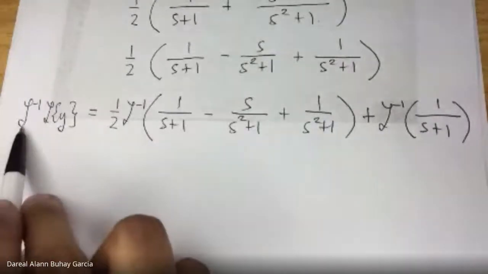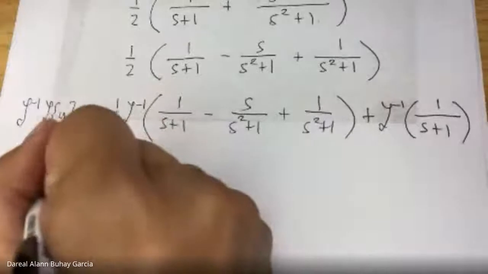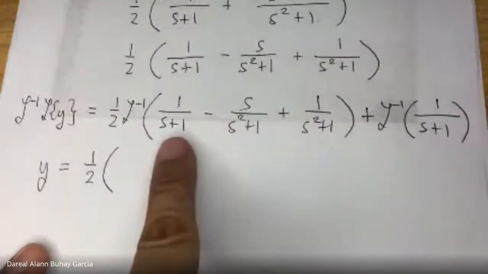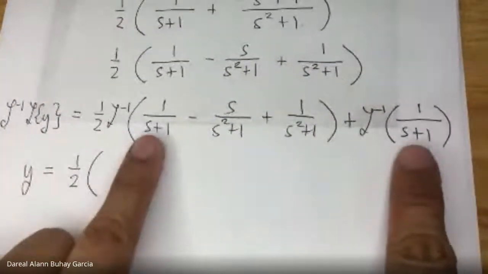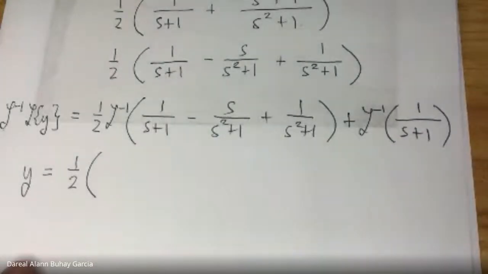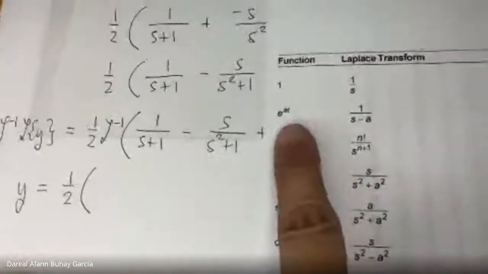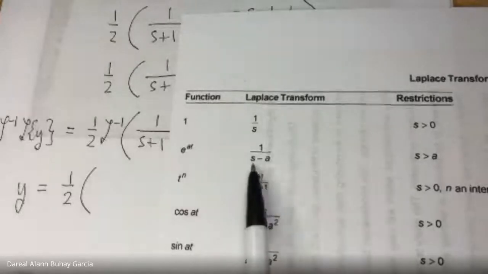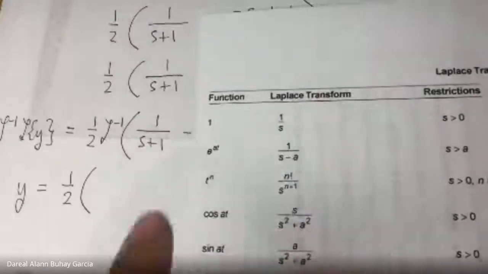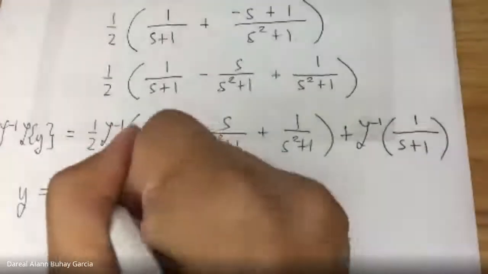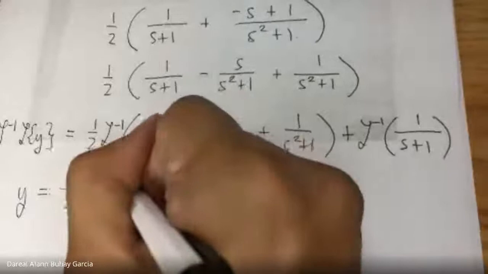What is the inverse of the Laplace of y? It's just y. Then 1/2 of this, what is it? They're similar to an exponential, where e is -1 because s minus -1 is s plus 1. So it is e to the power of negative x.